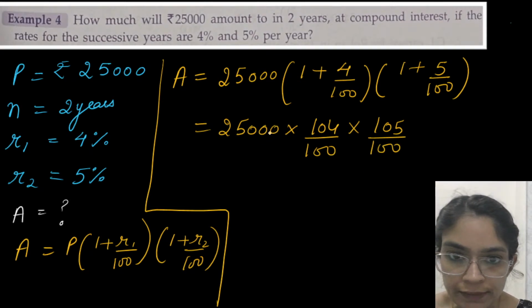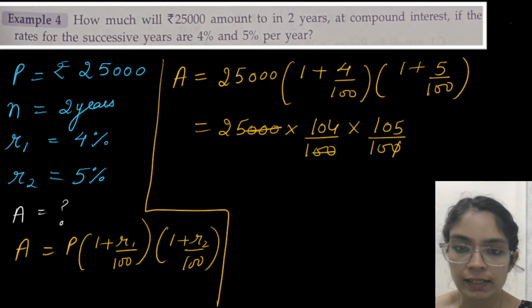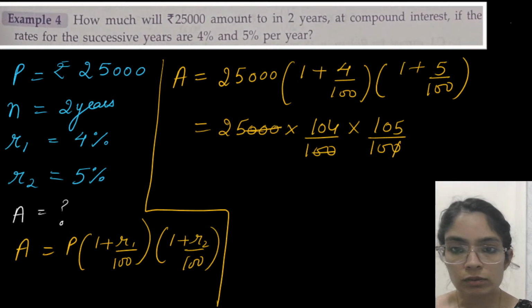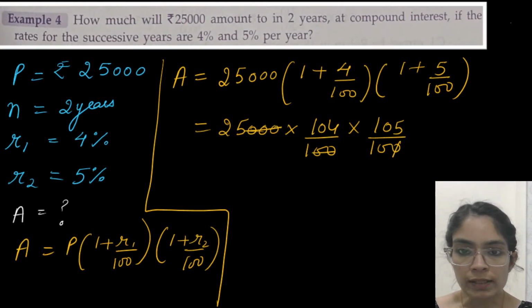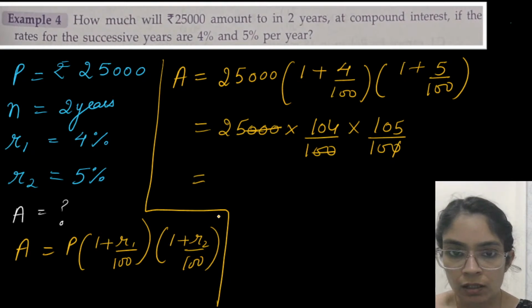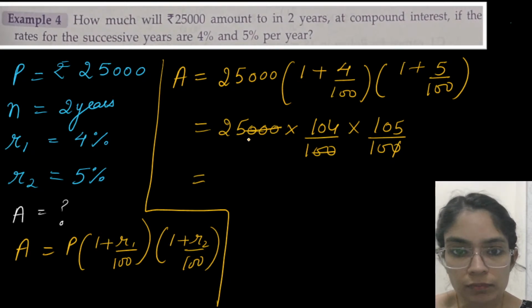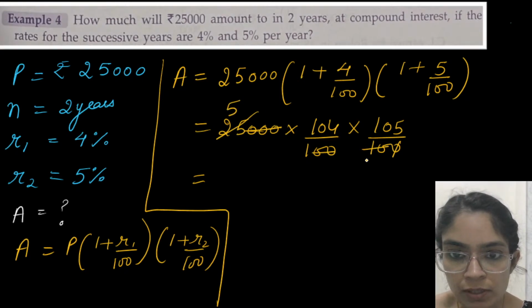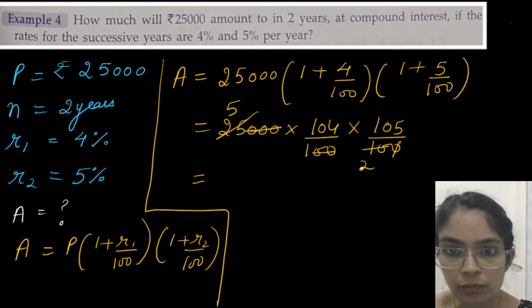Now we can do cancellation here. So 3 zeros will get cancelled. After that also we can do cancellation. We can do cancellation on the 5 table: 5 into 5 is 25, 5 into 2 is 10. Now 2 table we can do.